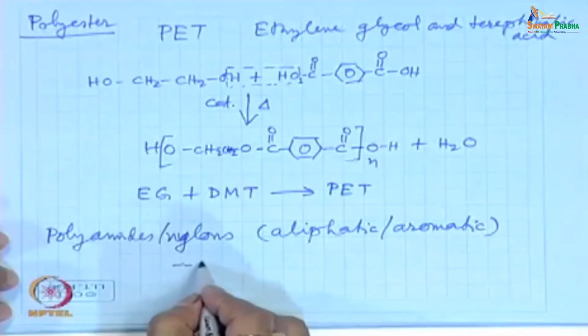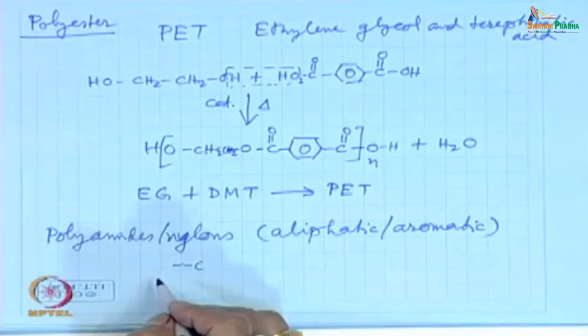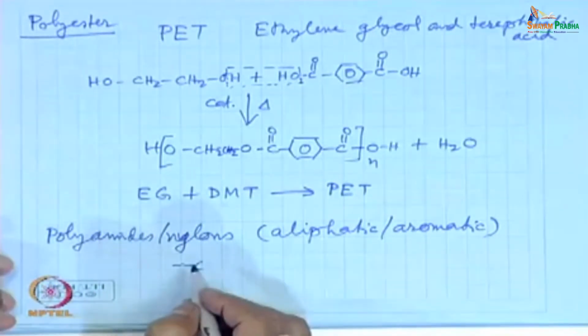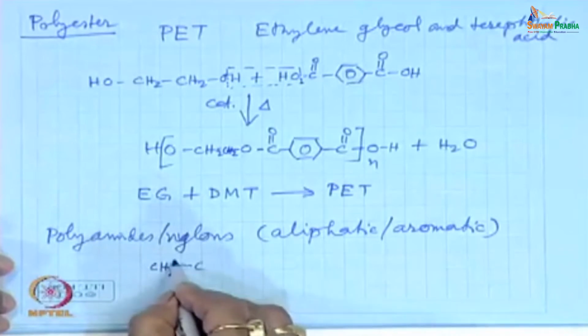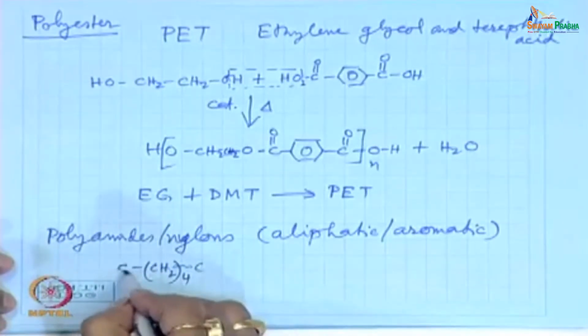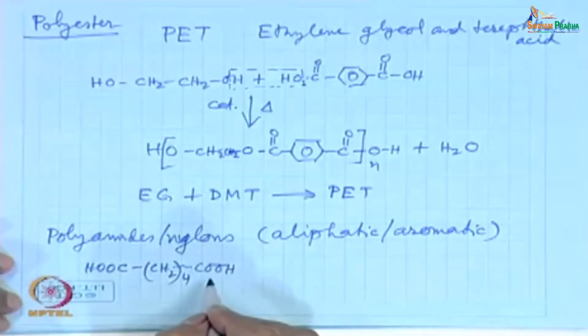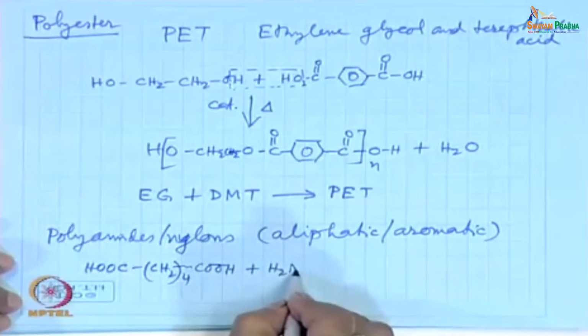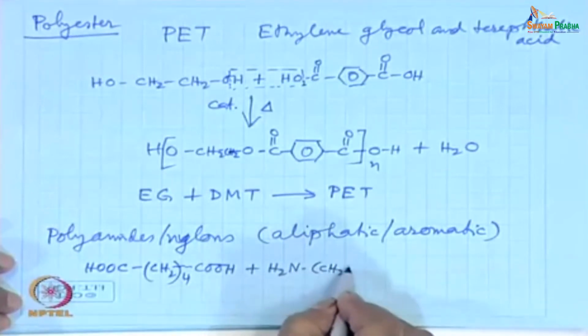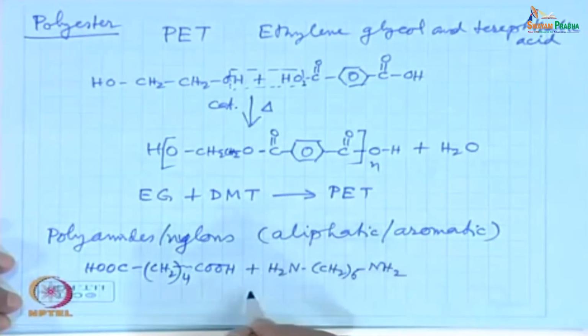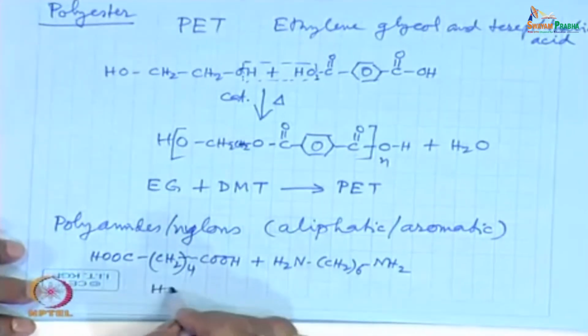Say nylon 66 is made from hexamethylene diamine and adipic acid. So, this is adipic acid and hexamethylene diamine reacts.